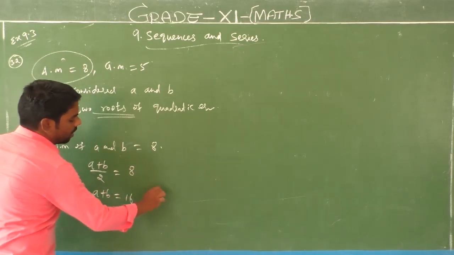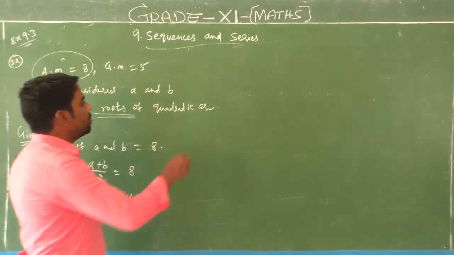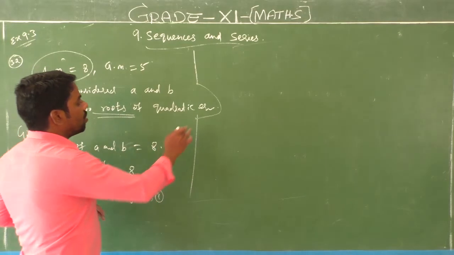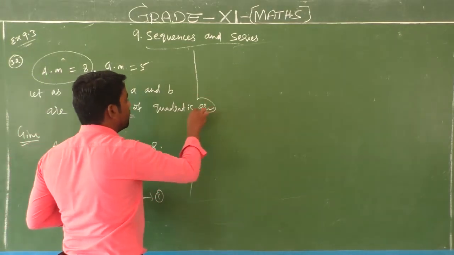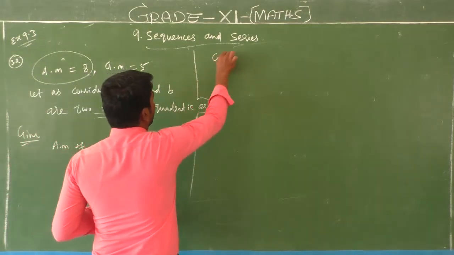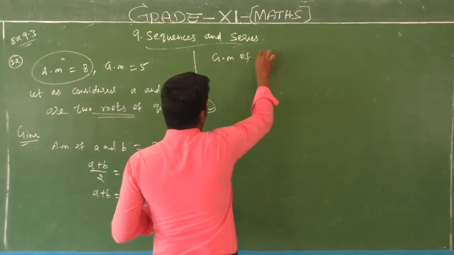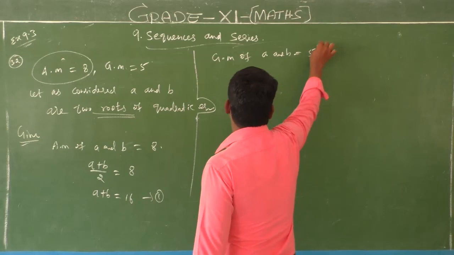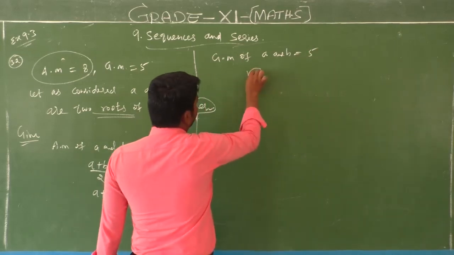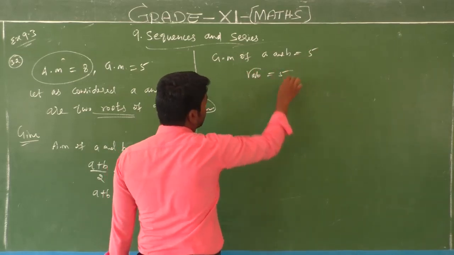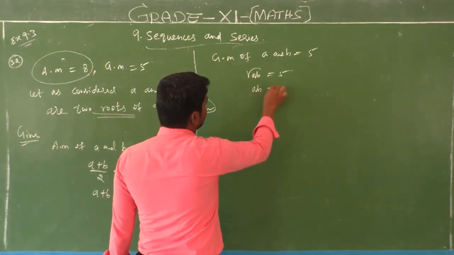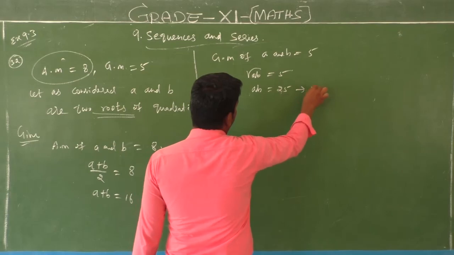This is equation number 1. Next information, the geometric mean of the given two roots is 5. That is root of ab equals 5. Taking square on both sides, ab equals 5 square, which is 25. This is equation number 2.